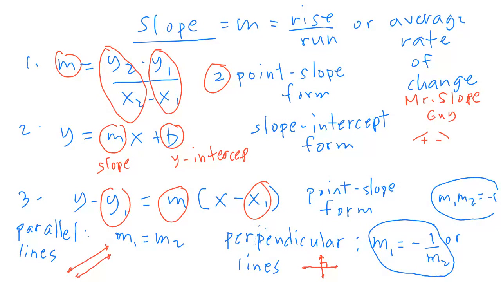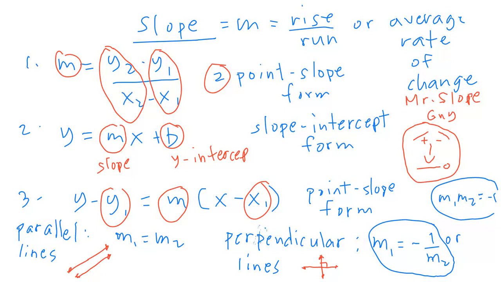And the line that is vertical, you have undefined, the U there. And the line that's horizontal, that would be m is equal to 0. So that would be the Mr. Slope guy.